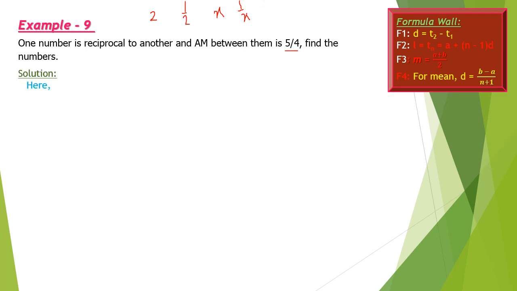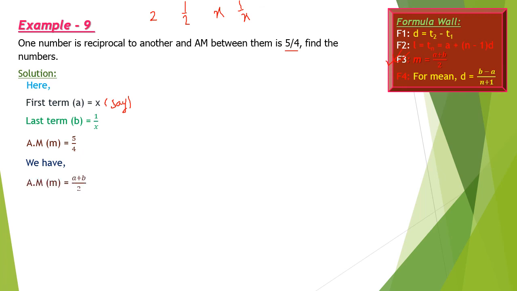Now, let's see. Let's suppose the first number to be x. No need to suppose also. Now the last number will be 1 by x, as given by the question. One number is the reciprocal of the other number. The arithmetic mean, there are only 3 terms, so the arithmetic mean is 5 by 4. Now we are applying formula 3.